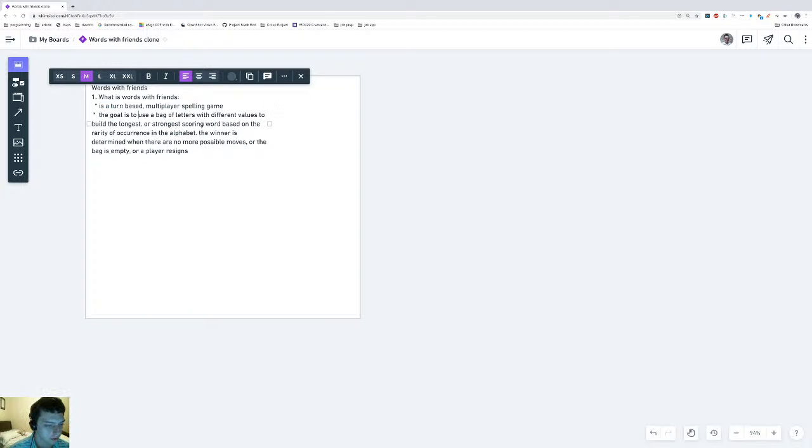The goal is to use a bag of letters to build the longest, strongest scoring word, based on the rarity of occurrence in the alphabet. The winner is determined when there are no more possible moves, the bag is empty, or a player resigns.